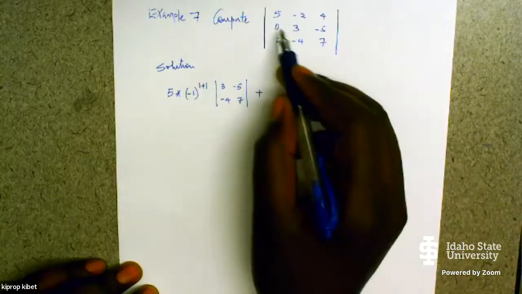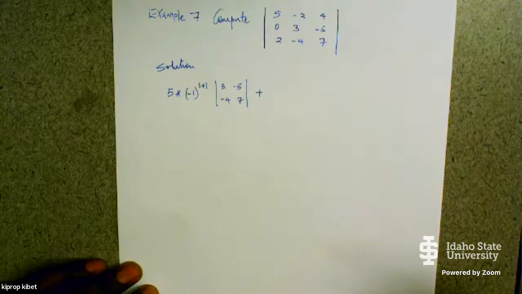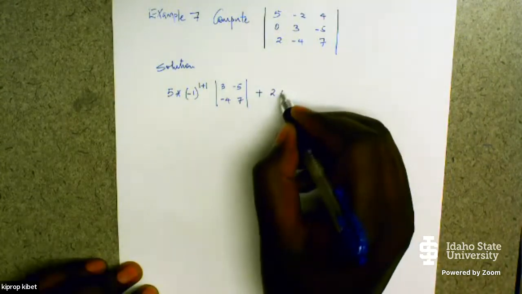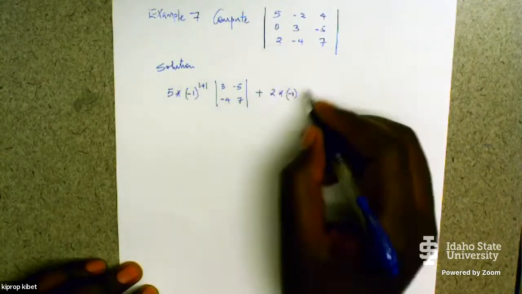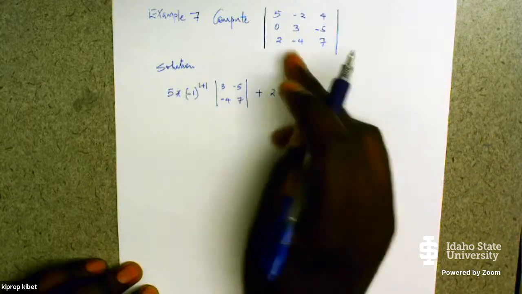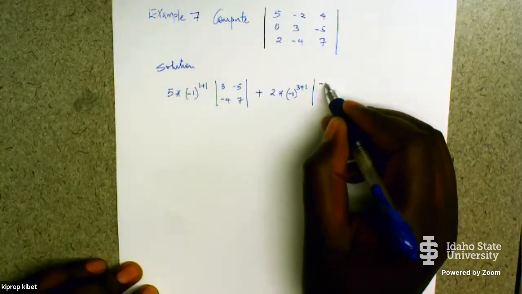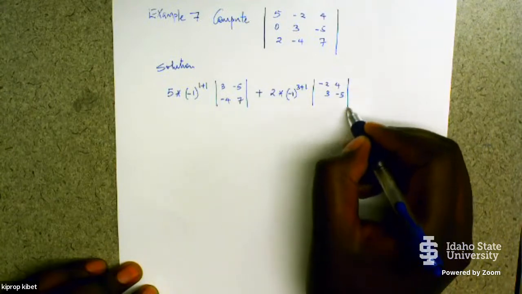Plus 0, and 0 multiplied by the cofactor is 0. And then plus 2 multiplied by -1 raised to row number 3 plus column number 1, and then the determinant of -2, 4, 3, and -5.